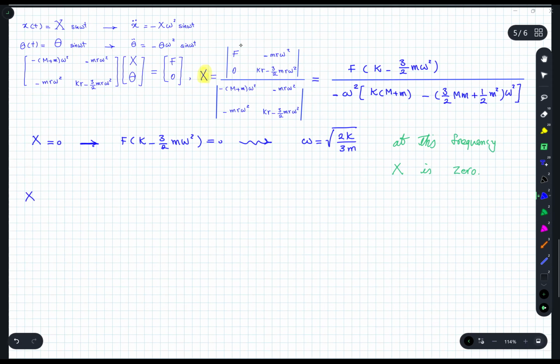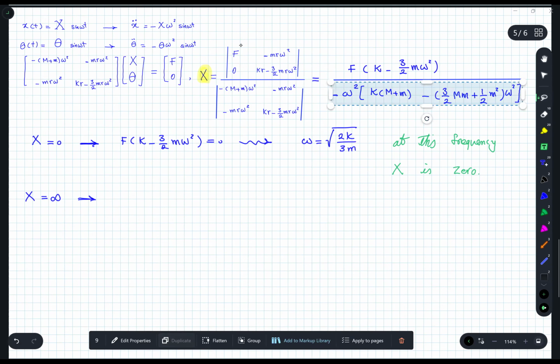Also, the question asks us at what frequency x becomes infinity, very, very large. And we know what to do. We set the denominator equal to 0. Again, I'm just going to be lazy and see if I can copy.